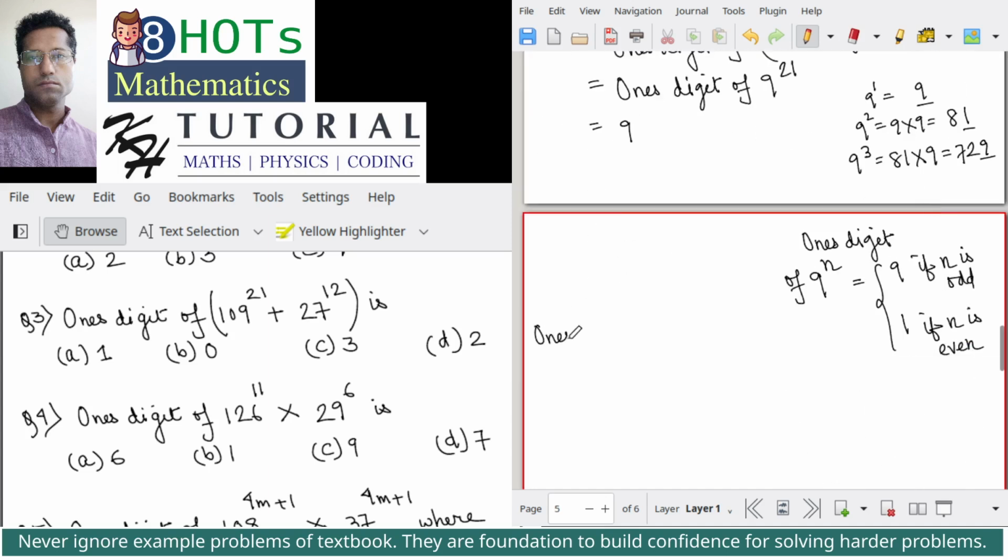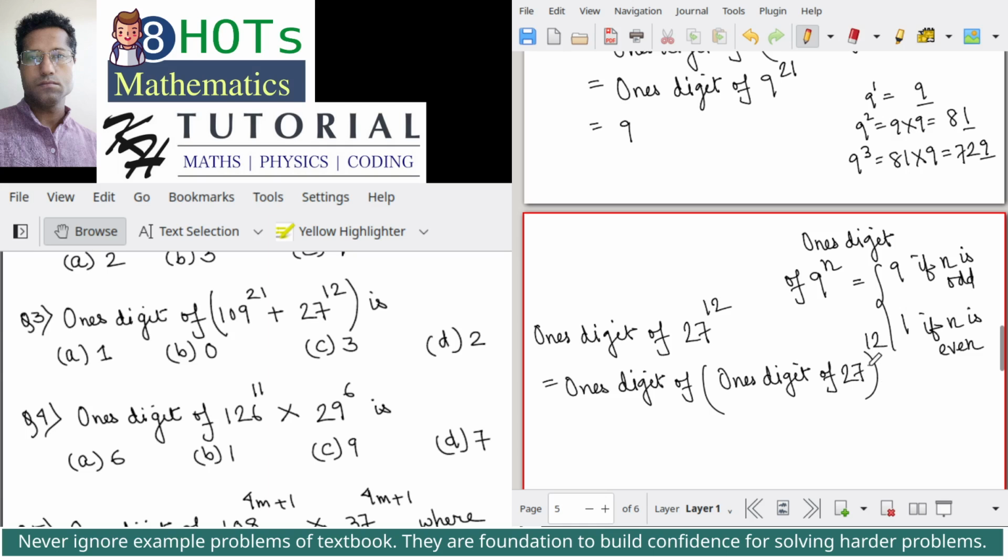The ones digit of 27 to the power 12 will be equal to the ones digit of 7 raised to the power 12, since the ones digit of 27 is 7.